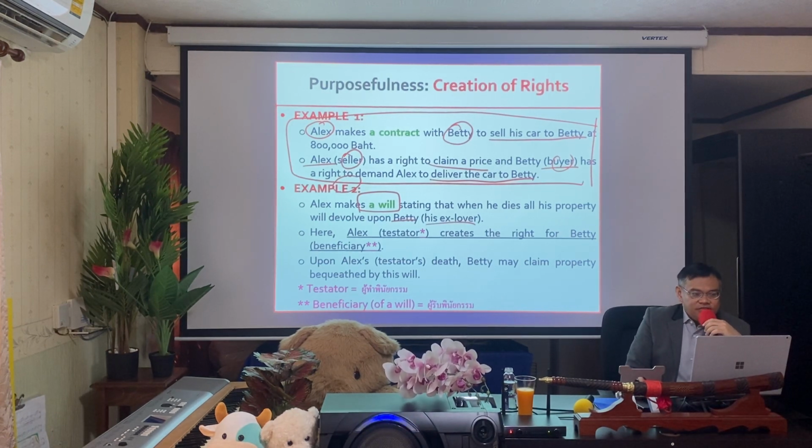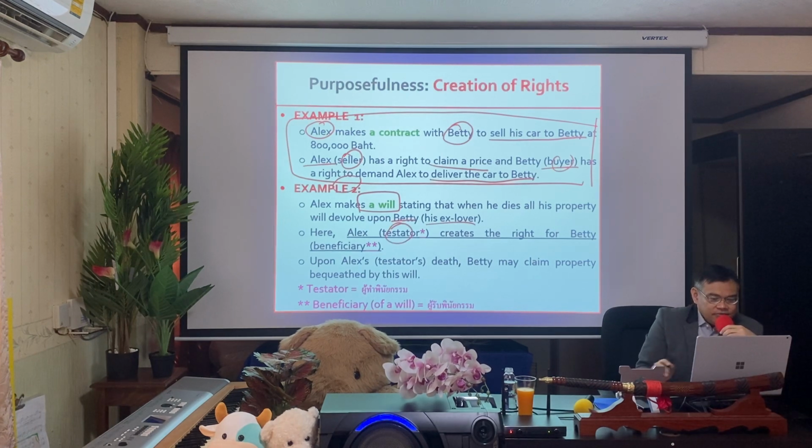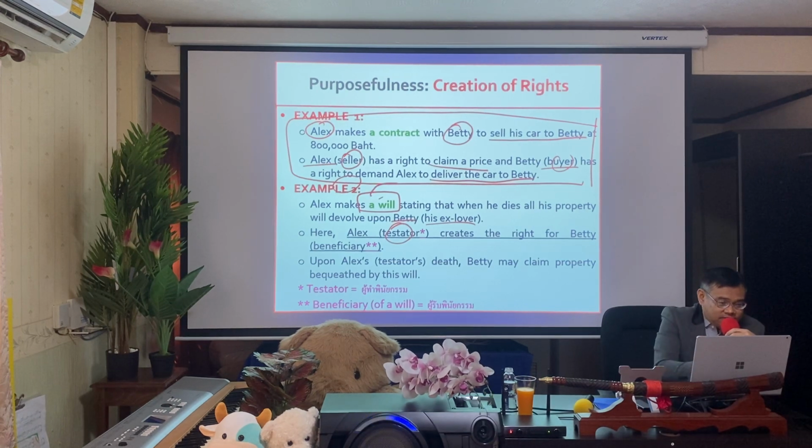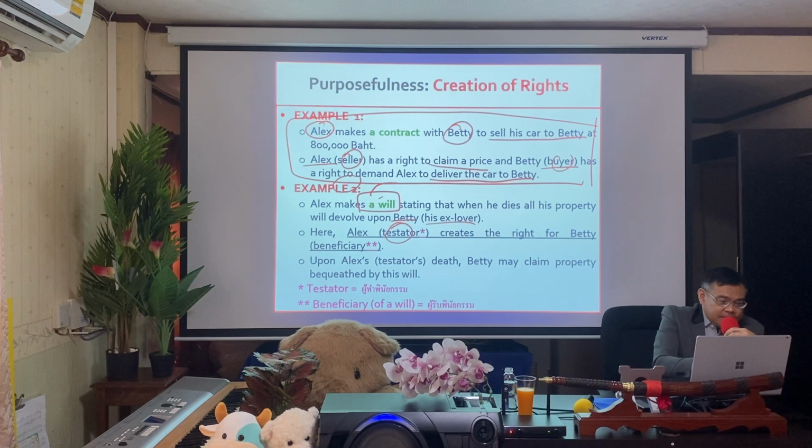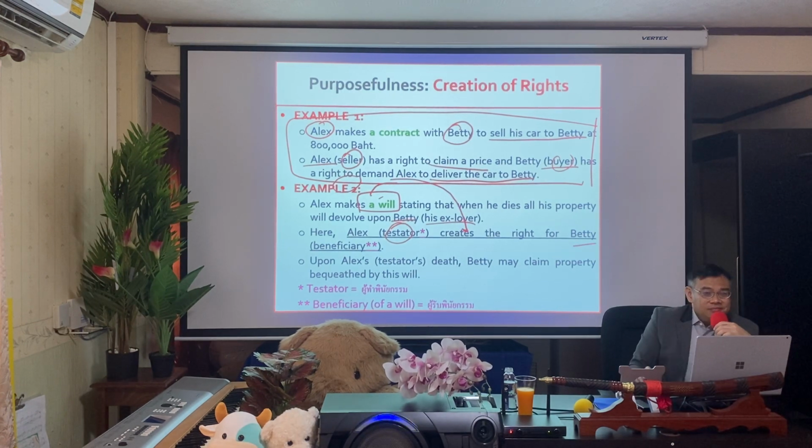In this case, Alex is a testator and Betty is the beneficiary. The will is a juristic act which is made in order to establish legal relations between Alex and Betty for the purpose of creating the rights for Betty.